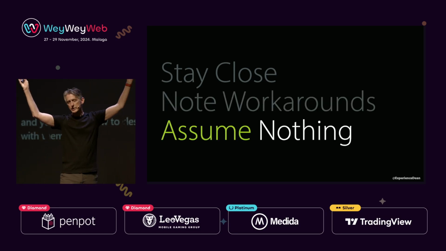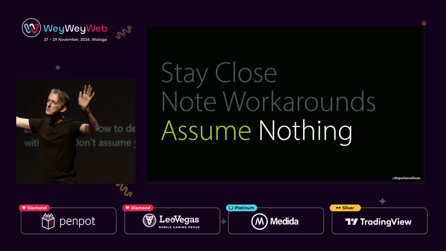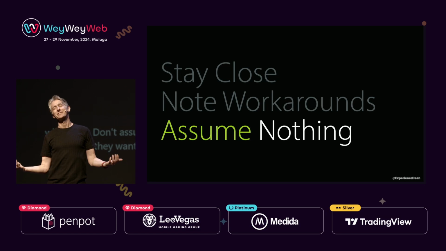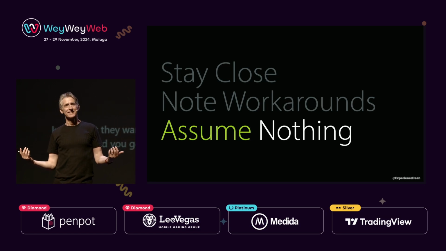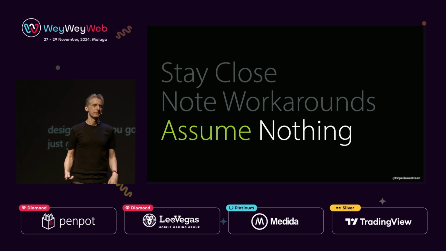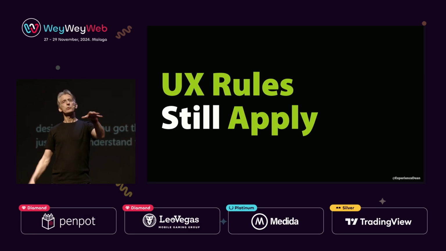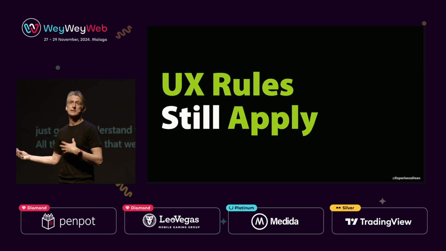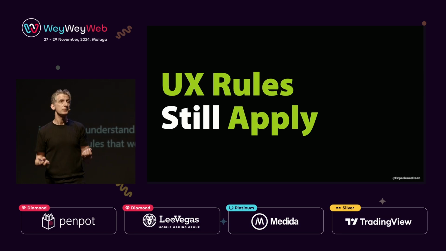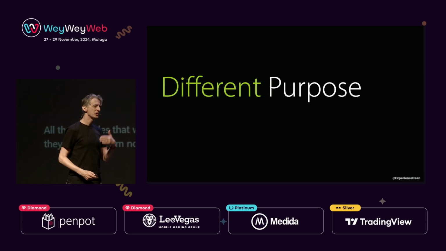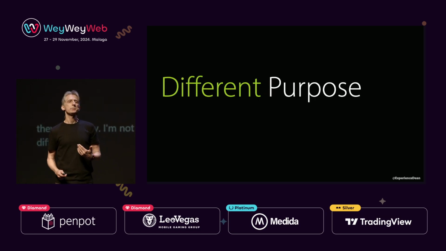Don't assume you know who they are. Don't assume you know what they want. Don't assume you're the designer and you got this. You've just got to understand them. That's not that hard. All the UX rules that we learn in places like this and in our study, they still apply. I'm not changing any of the rules. They're just different for a different purpose.